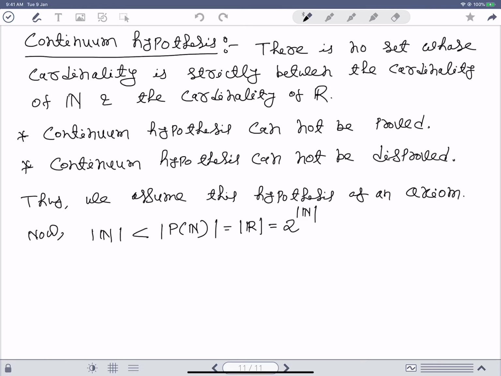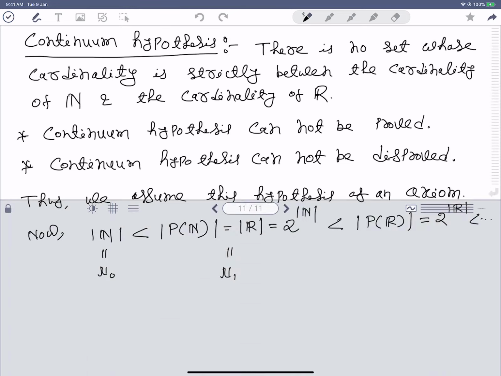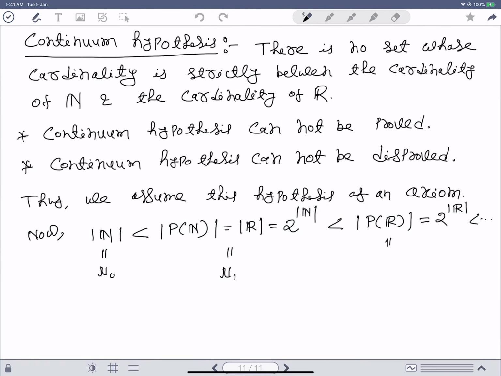Again we know that the cardinality of R is strictly less than the cardinality of P of R. Now similarly one can prove that this is the same as 2 to the power cardinality of R, and so on. In this way, generally this one is denoted by aleph naught, this is denoted by aleph 1, this is denoted by aleph 2, and so on. Fine.